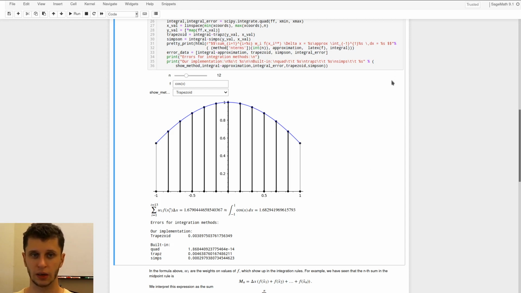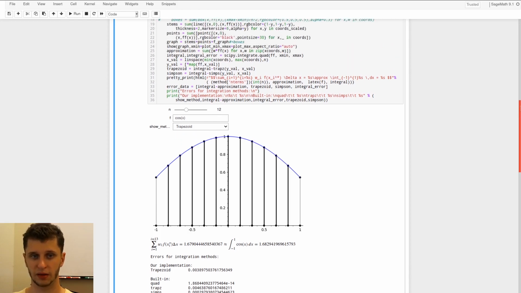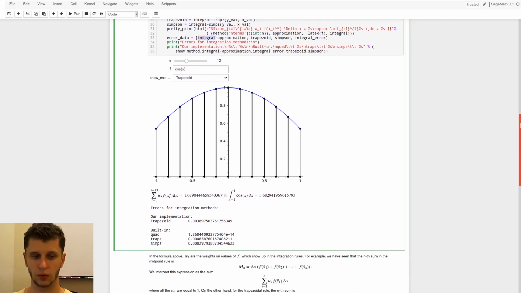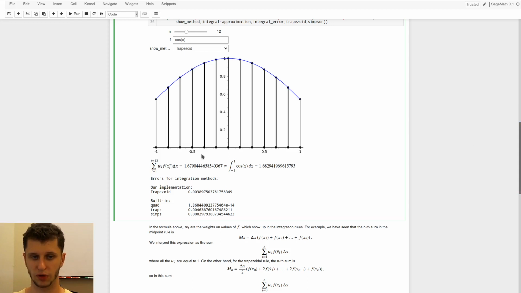Then we analyze the errors that these integration methods give. The errors are computed by taking the difference between the precise value of the integral and the output of this summation here.